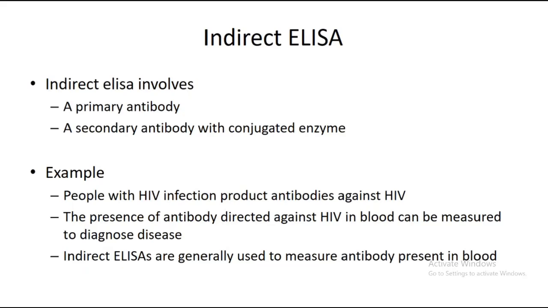Okay, now an indirect ELISA. So an indirect ELISA involves a primary antibody or a detection antibody, but it also involves a secondary antibody, usually that has a conjugated enzyme attached. And in terms of when an indirect ELISA would be used, a good example would be HIV infection. Okay, so people with HIV infection produce antibodies directed against HIV.